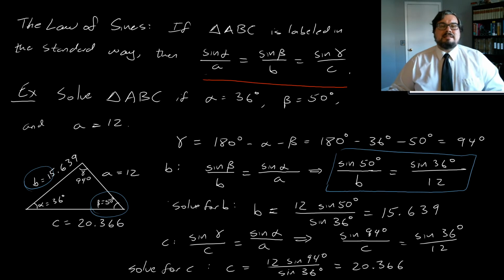Let's look at some of the other possible arrangements of data that we can have, and look at how we can solve them. Now, there is one other type of data that the law of sines applies to, but there are some others that we won't be able to do using the law of sines, and we'll need other techniques.